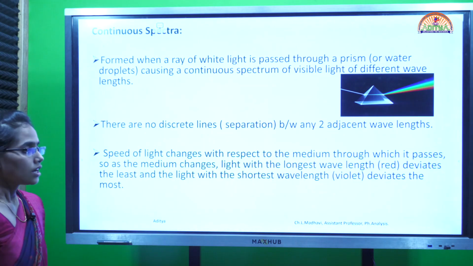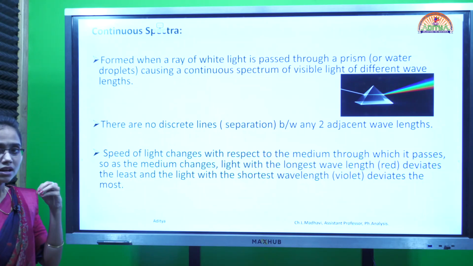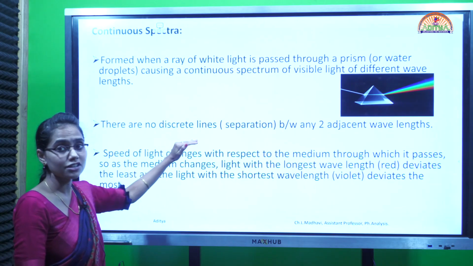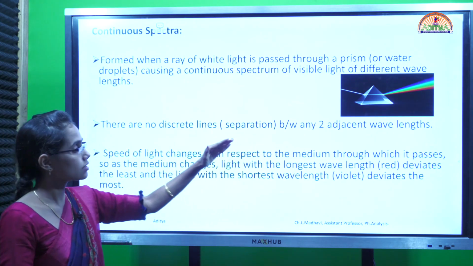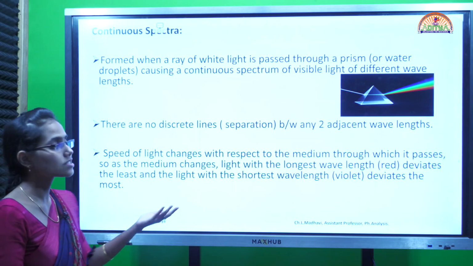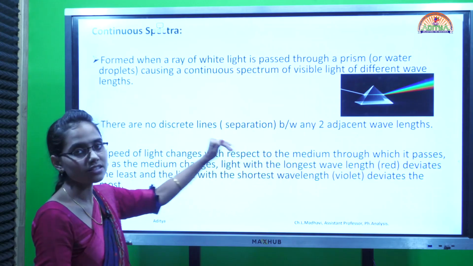The continuous radiation that we are getting will not have any discrete lines. That means there is no separation between the different wavelengths seen in this radiation. That is why it is called continuous, because there is no separation between two adjacent wavelengths in this continuous spectrum.